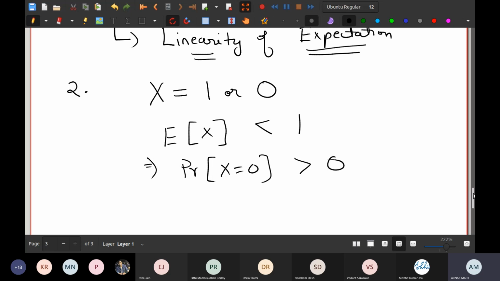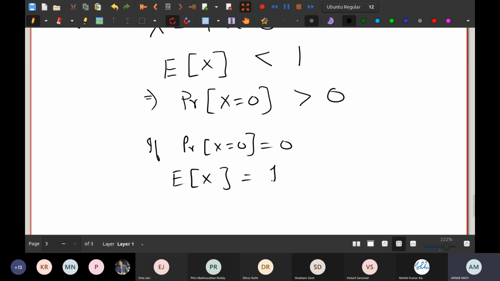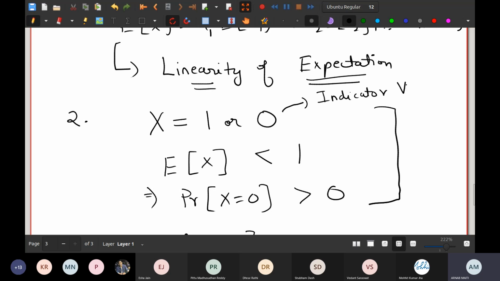This is quite straightforward. Otherwise, if the probability of x equal to 0 was 0, then the expectation of x would be 1 times 1 plus 0 times 0, which is 1. So this is another key property which we'll be using. And this type of random variable is called an indicator variable.